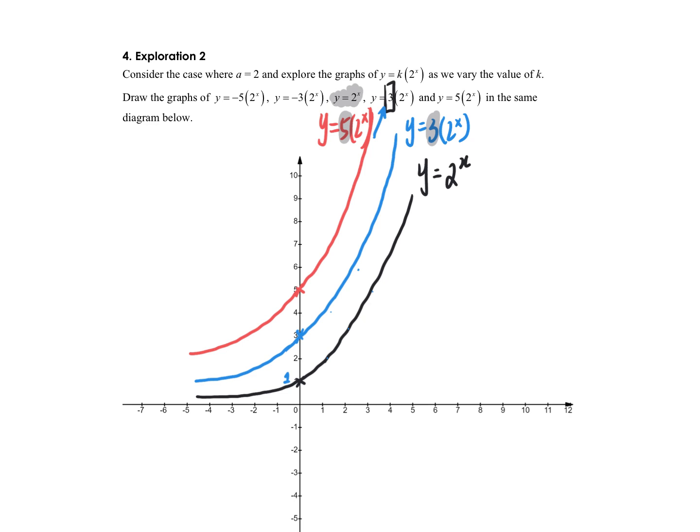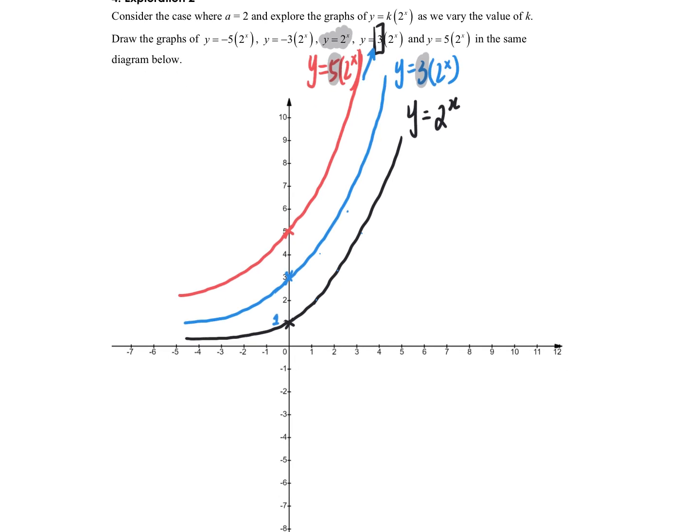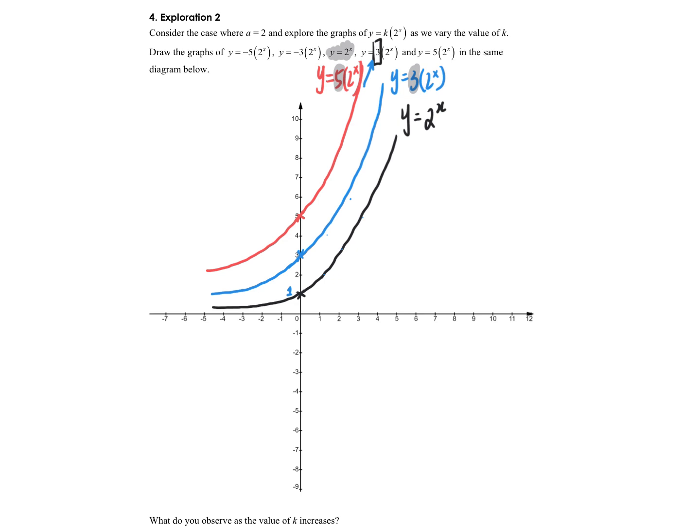Then negative is just a mirror image, like this one. So this is a mirror image. Oh no, go down, sorry. Positive y becomes negative y. So it becomes like that.